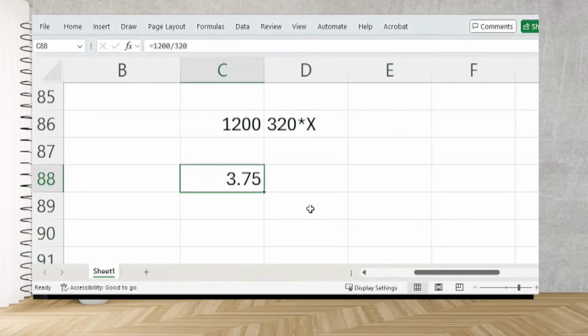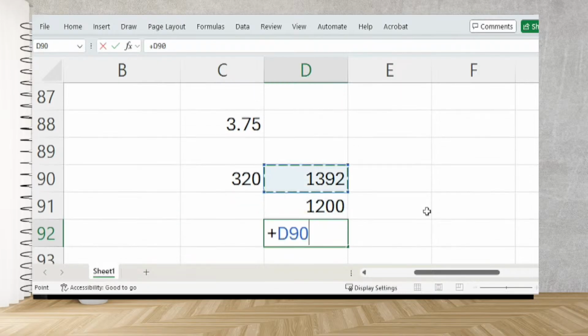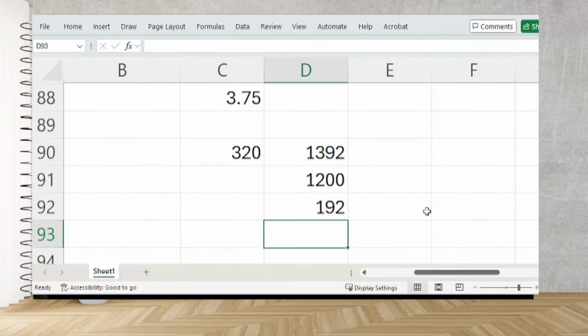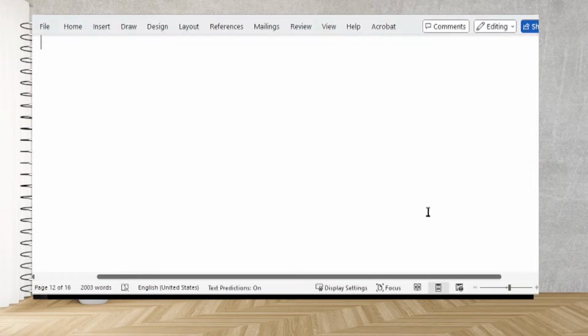So 320 multiplied by 4.35 is 1392, and then we need to reduce the 1200, which gives 192 approximately, or 194, more or less it is a point issue. So net present value is 192 or 194.